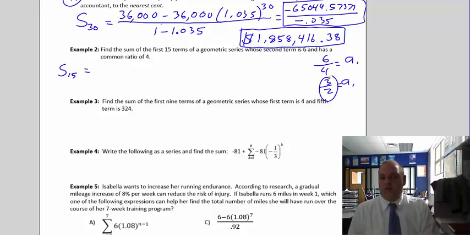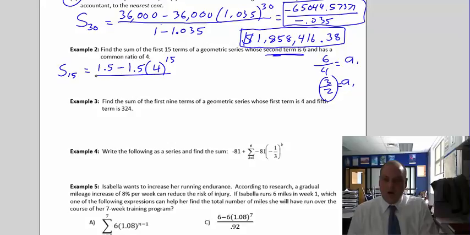So A1 is 3 over 2, which is 1.5. All right? Because, again, they gave us the second term, not the first term. But we do need the first term. The first term is 3 over 2. We'll call it 1.5. So it's 1.5 minus 1.5, and then r is the ratio 4, raised to the 15th power over 1 minus 4.